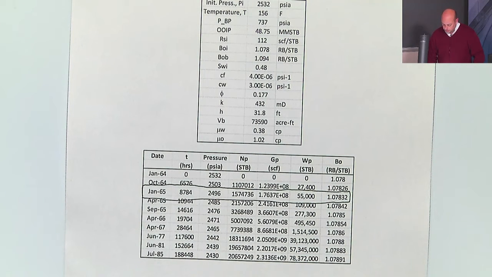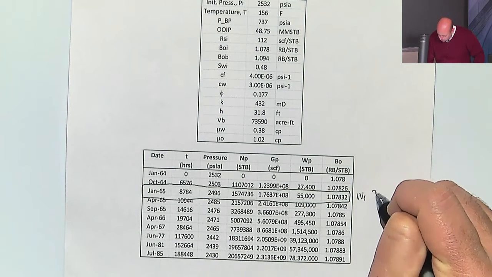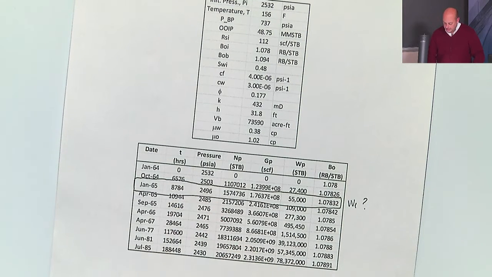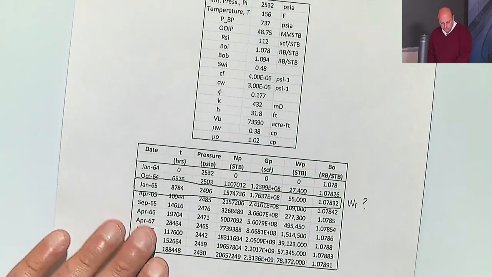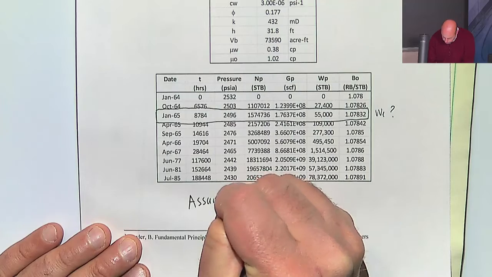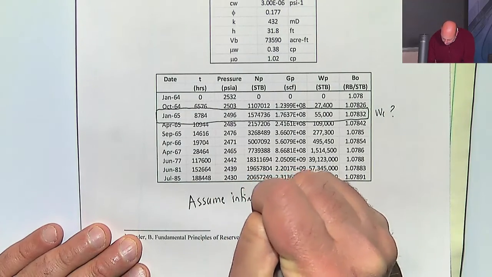But this was a real field, and I want to know how much water encroached the reservoir by that time, after 8784 hours when the pressure is 2496. So let's do that example. One other thing I'll say is that we're going to assume infinite acting flow.